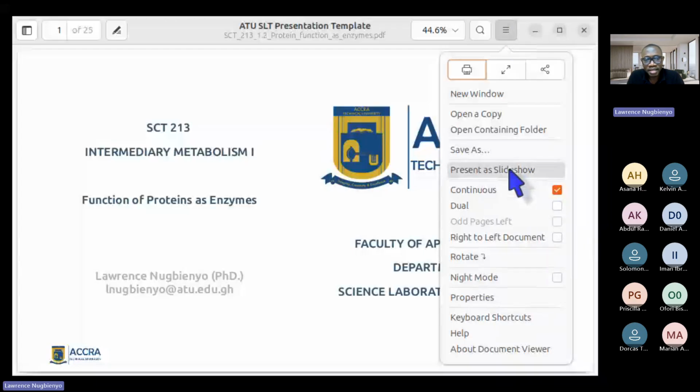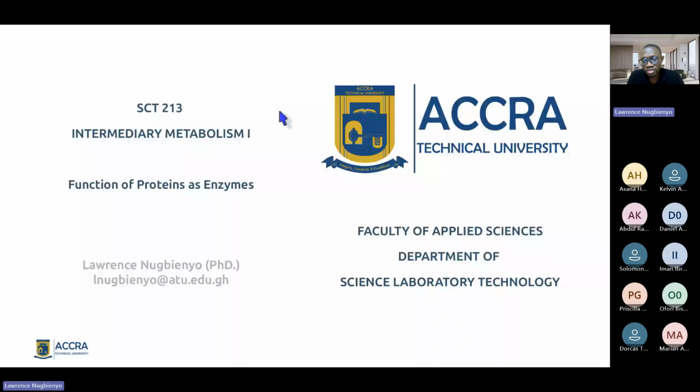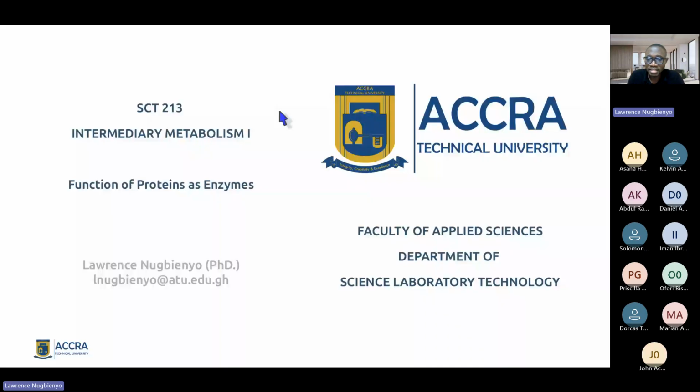And then we even looked at the various levels of organization of proteins: the primary structure, secondary structure, tertiary and quaternary structure.